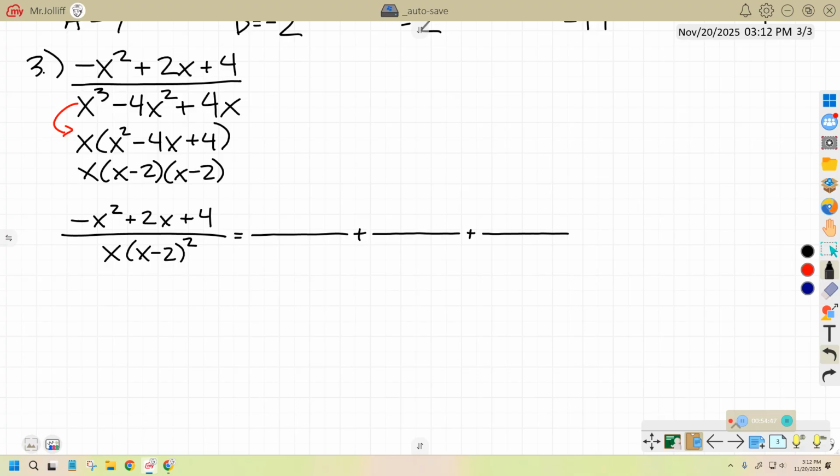So I have an x all by itself, a sad, lonely x. The question is, what goes in the other 2 fractions? X minus 2, and it's a repeat. Very good. Same thing with squared. Perfect.